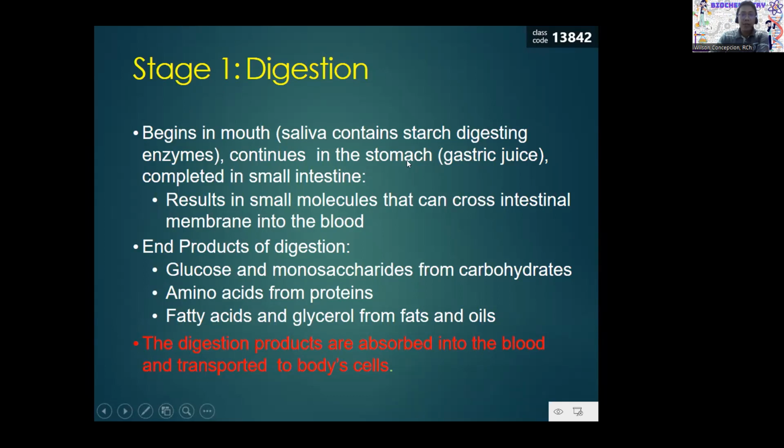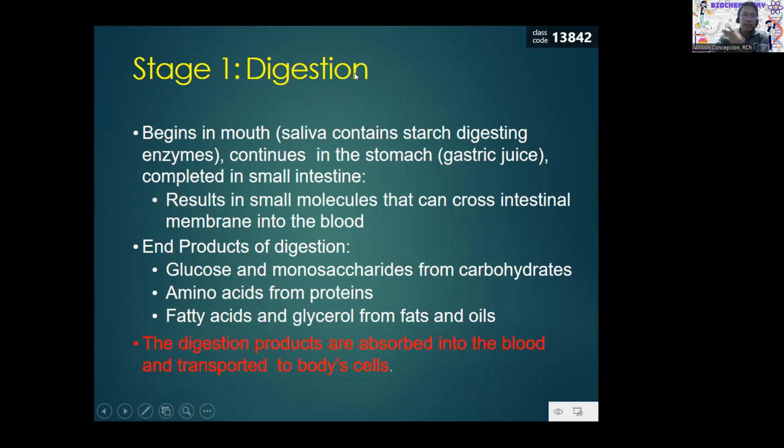Okay? But our stomach contains hydrochloric acid, and also some enzymes will be introduced in our stomach. For example, our pancreas will pump pancreatine. There's also trypsin, chymotrypsin, pepsin, etc. That can aid in our digestion.